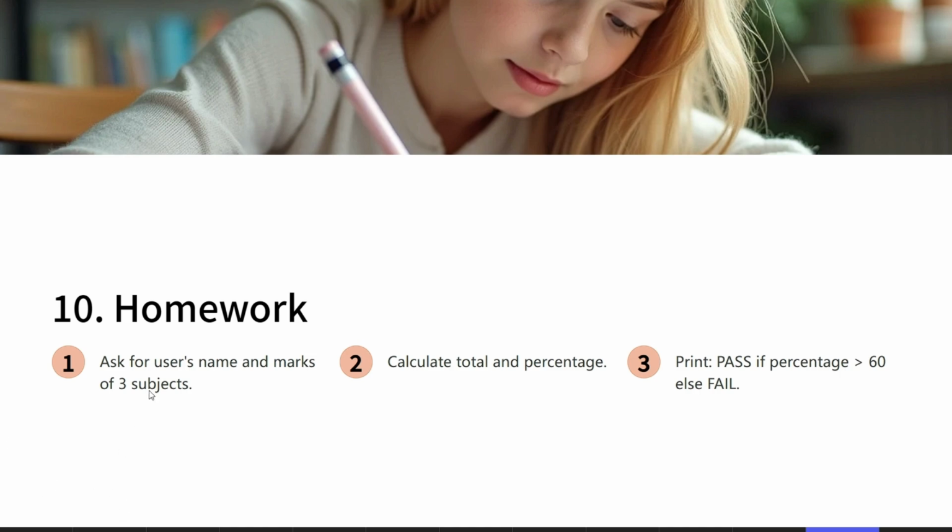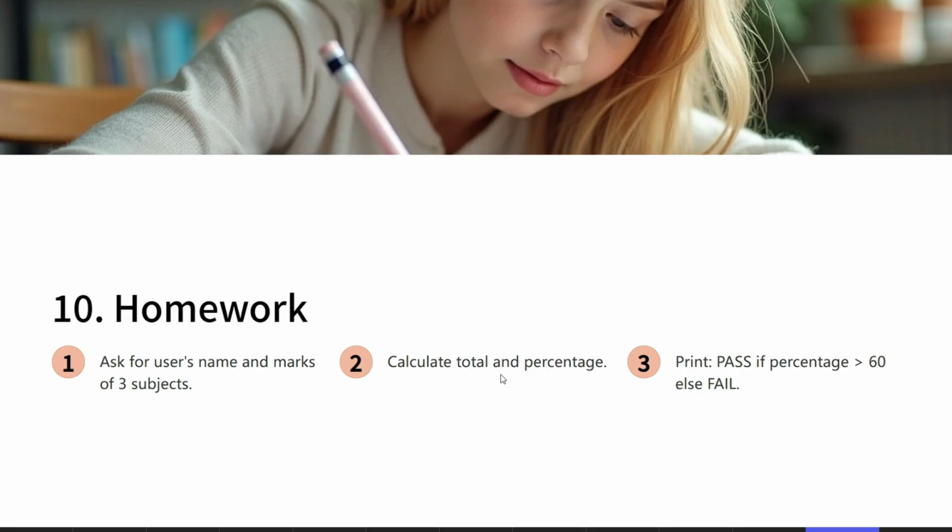This is a homework for you for today's lecture. Ask for the username. You can provide some names, and based on that you get the name, and also marks of three subjects. You can combine these things and create your program.